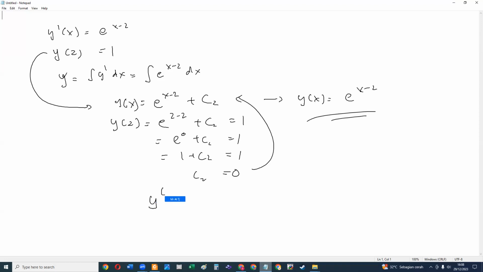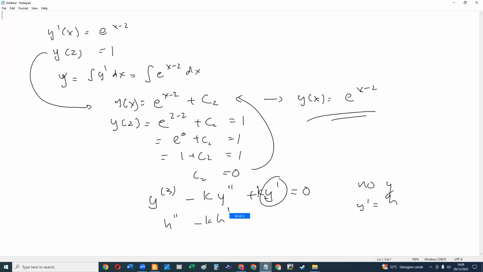Let's say you have y triple dash minus some number times y double dash plus another number times y dash equals 0, but there is no y itself, just the derivatives. In this case, it is a good idea to simplify by taking the lowest-level derivative as a new function. Let's call y dash, in our case, h. So this becomes h double dash minus k h dash plus k2 h is 0.